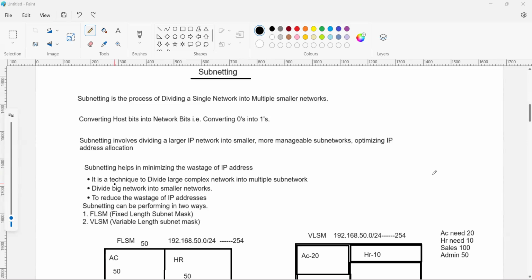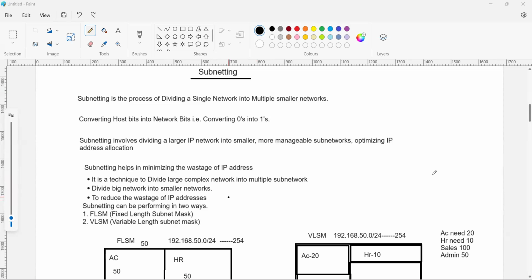It is a technique of dividing a large complex network into multiple subnetworks, dividing a big network into smaller networks to reduce the wastage of IP addresses. The main concept of subnetting is to reduce the wastage of IP addresses.